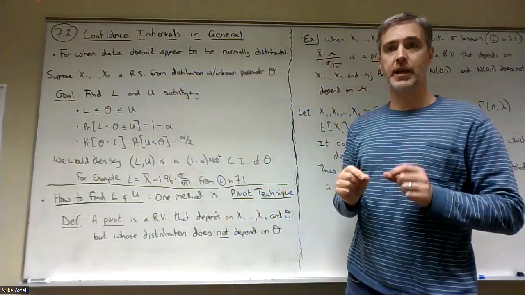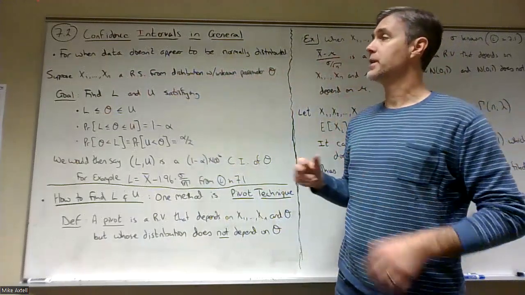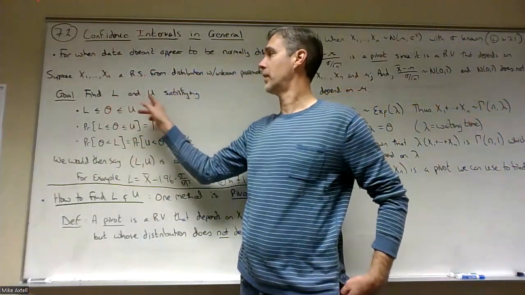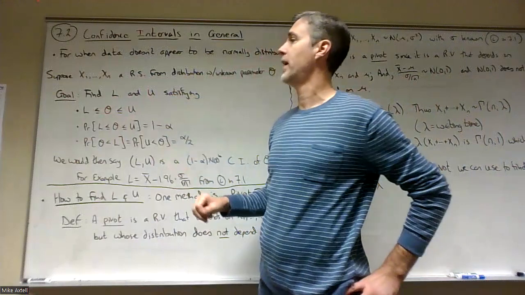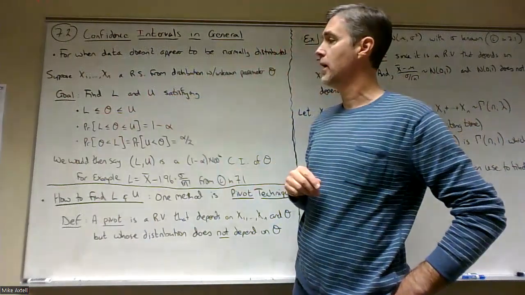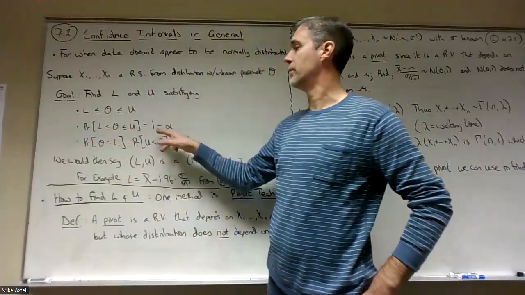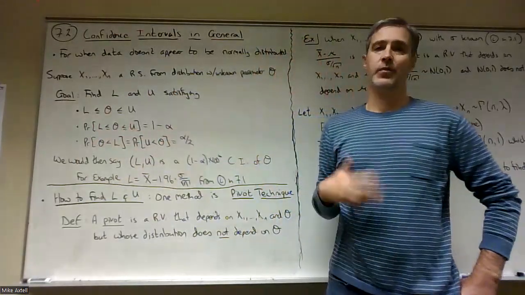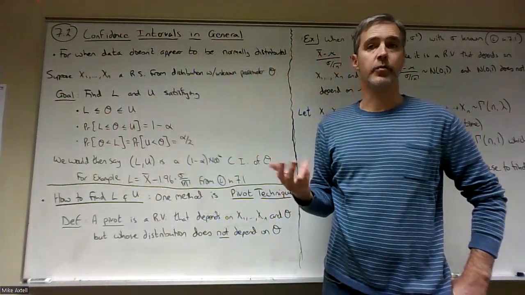Now, in particular, let's define what we mean by a confidence interval here. In particular, we want to find values capital L and capital U such that theta is greater than or equal to L and less than or equal to U. I'd like the probability that theta lands between L and U to be 1 minus alpha. So maybe alpha is 5% if I wanted a 95% confidence interval, okay?